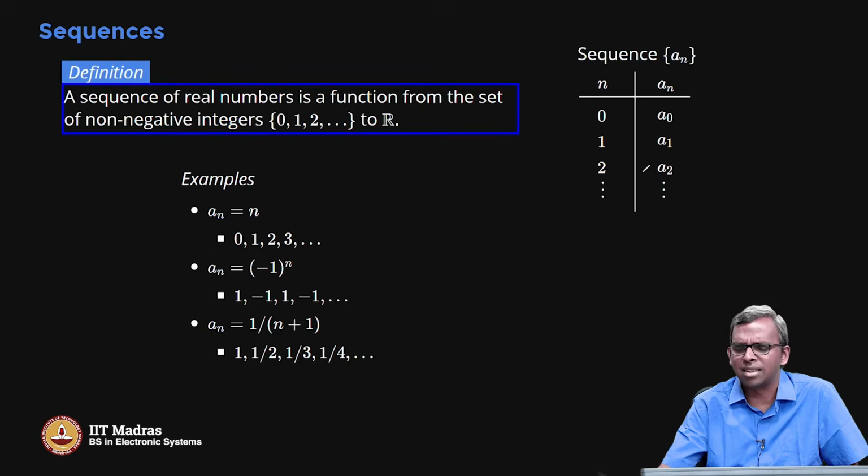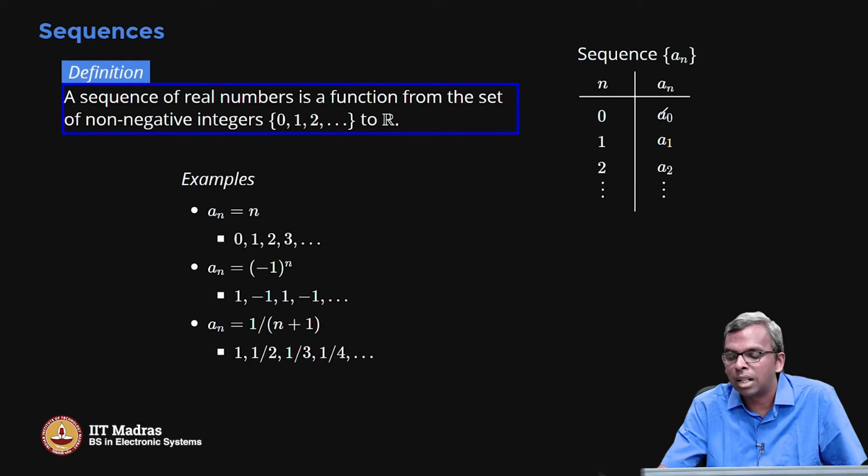So, all you are doing is this. You have a sequence a_n, but watch for all this notation, because it is important. n is a notation we often use for integers. a_n is the value of the sequence at n. For n equals 0, a0 is the value of the sequence; for n equals 1, a1 is the value of the sequence.